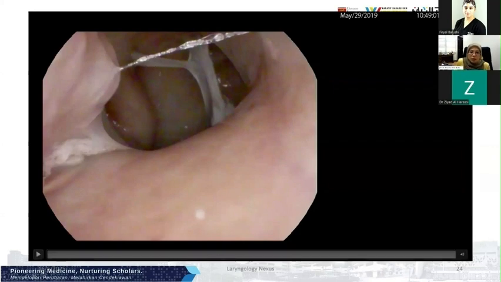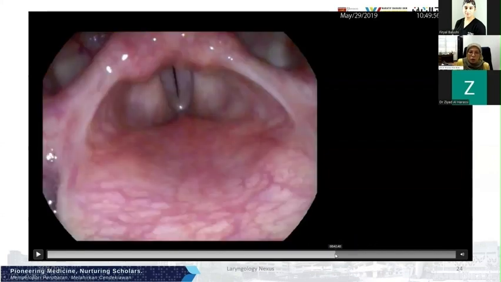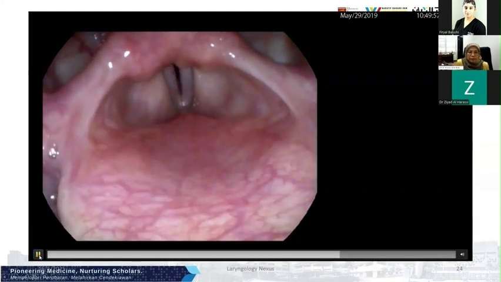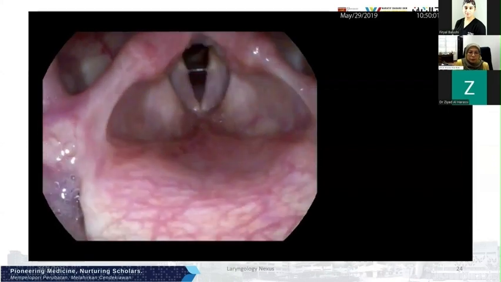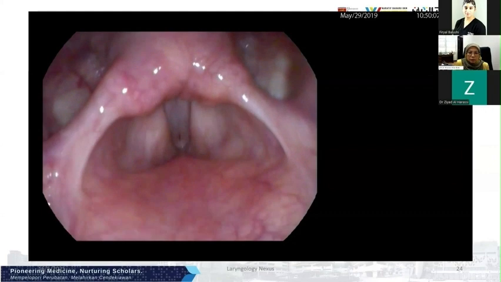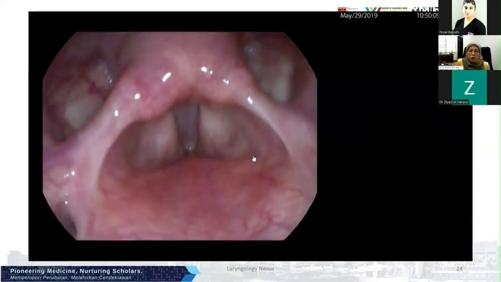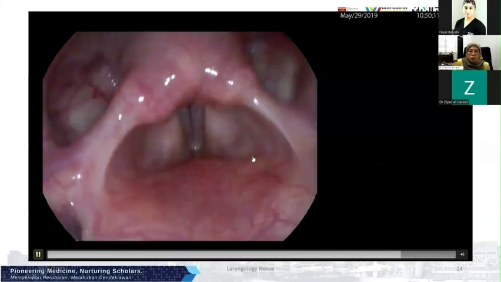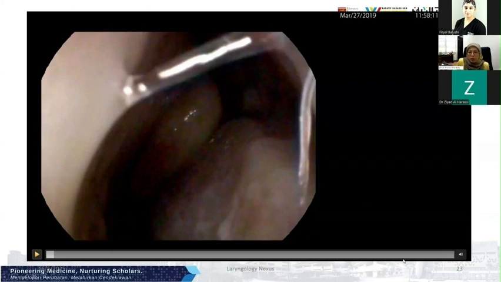And this is the appearance of the larynx after treatment. Although she still has the mucoid discharge, I want to show you the stroboscopic examination. Now she has complete closure, and there is no more hourglass type closure with the edema in the midpoint.